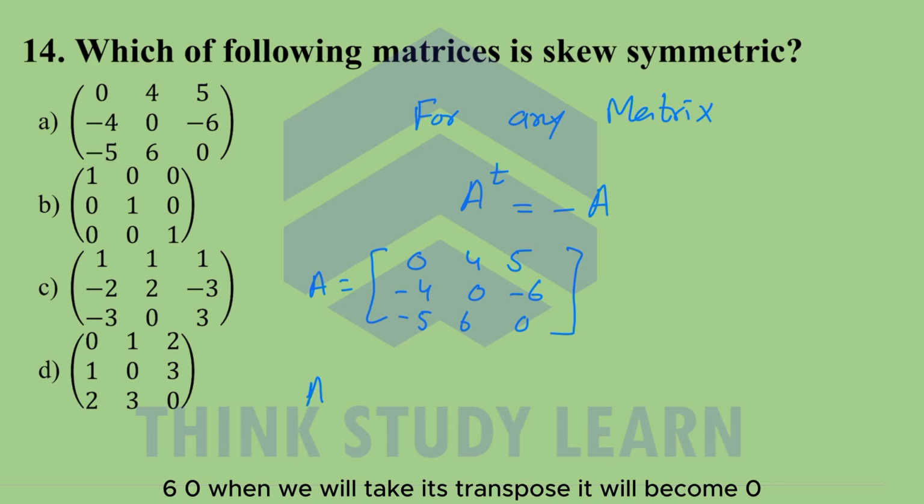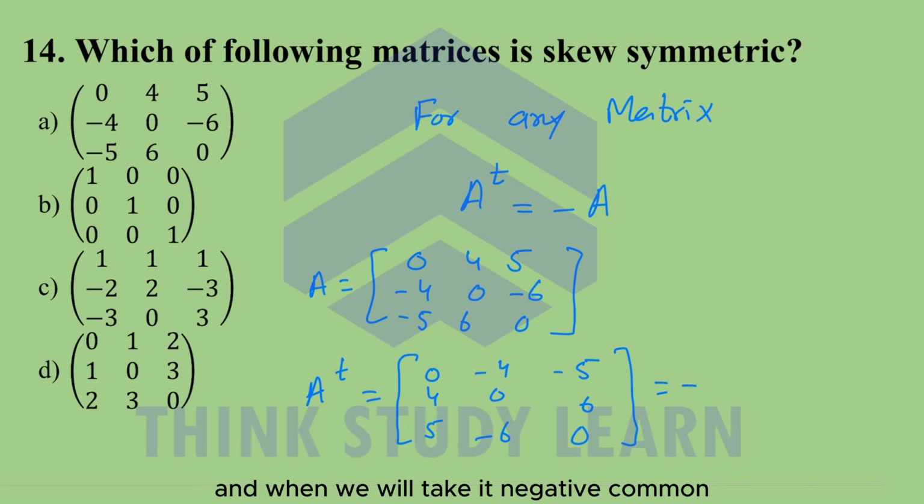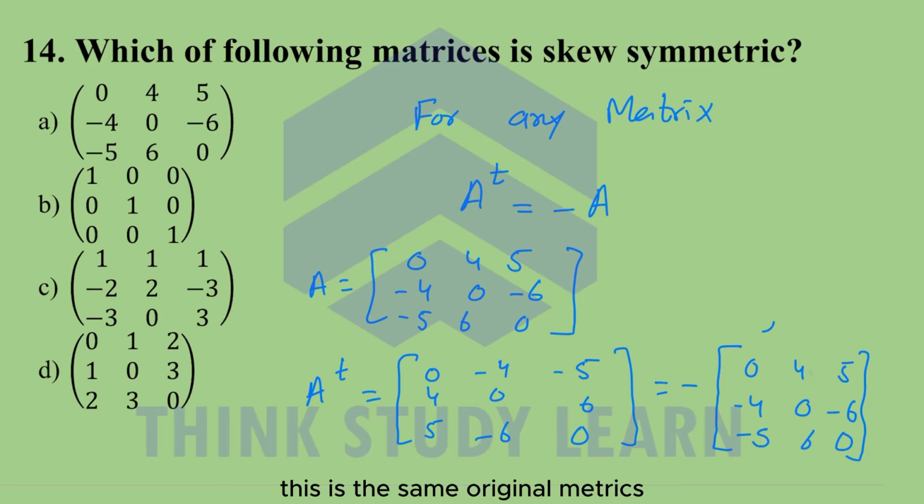When we take its transpose and then take the negative common, it becomes the same original matrix, 0, 4, 5, minus 4, 0, minus 6 and minus 5, 6, 0. So this matrix is skew symmetric matrix. A option is the right answer.